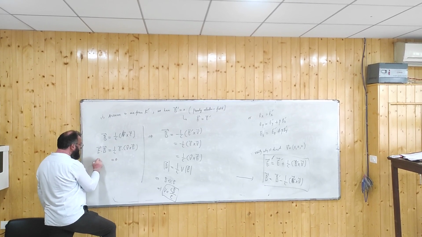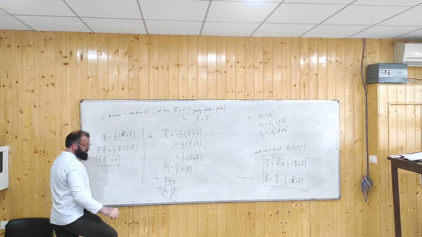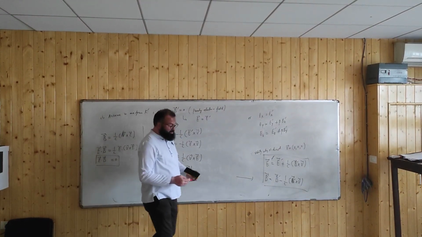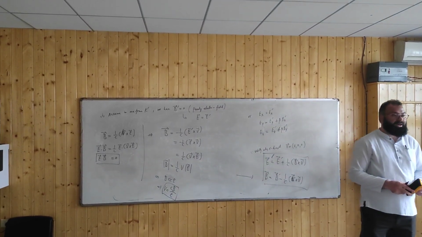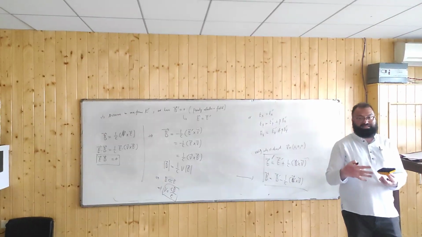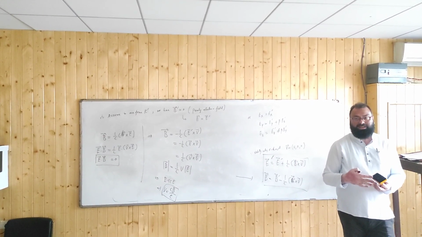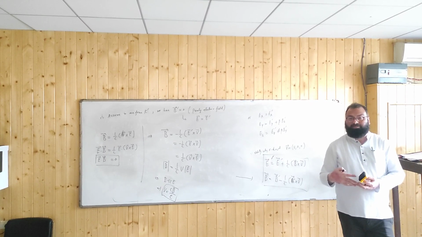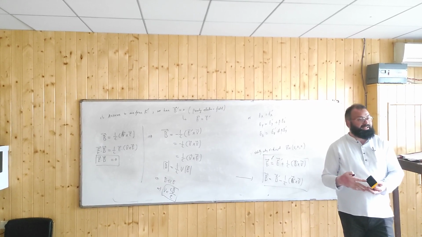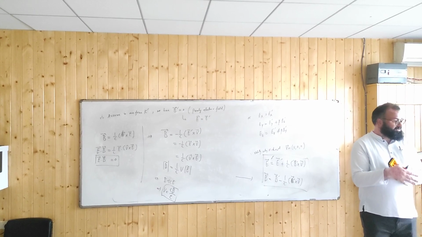So what does it mean? When you are moving with respect to a frame which has only a static electric field, the moving frame will always observe both electric and magnetic field, and those fields will be perpendicular to each other.